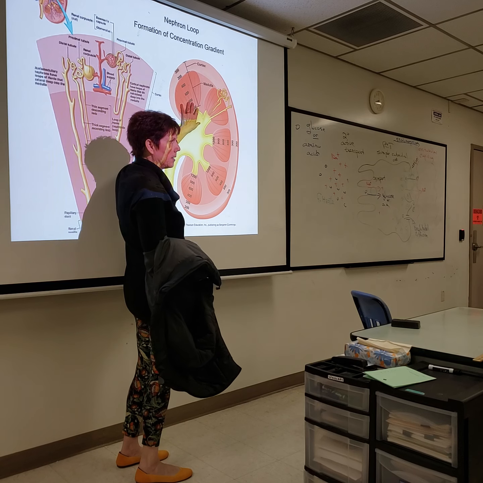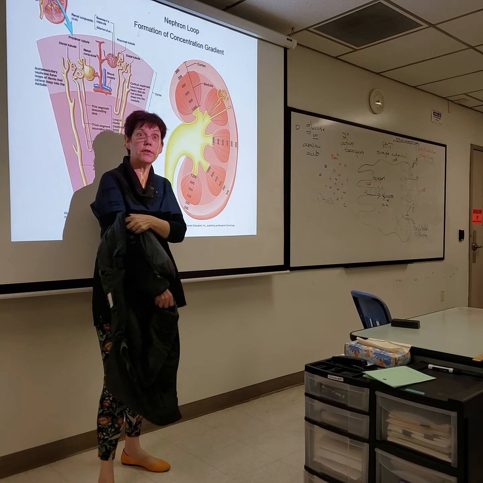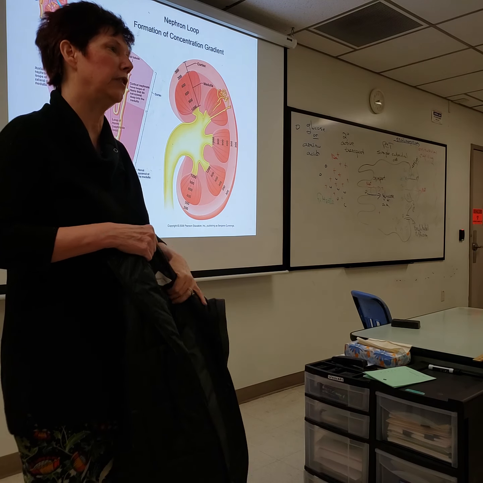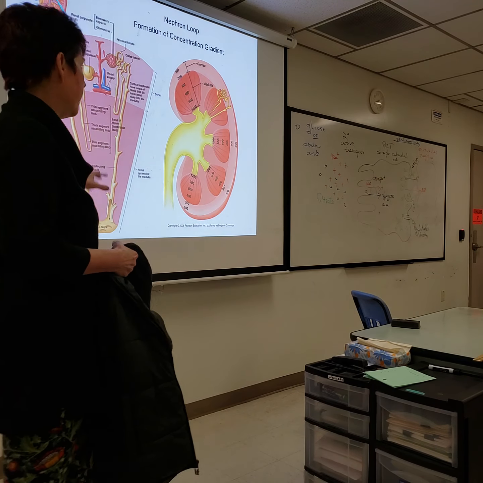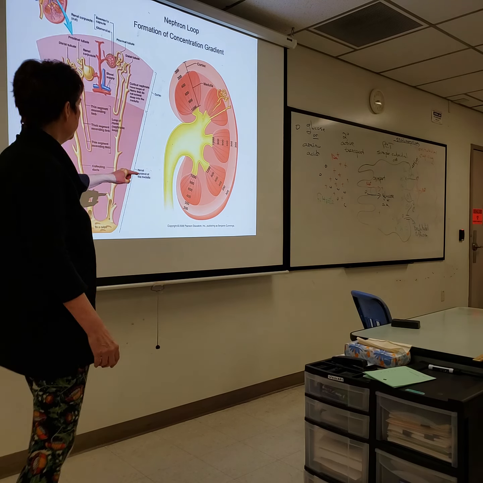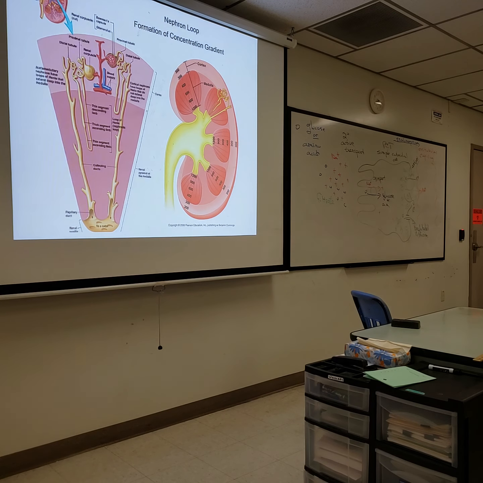This refers to osmolality. This is the number of particles in the extracellular fluid around the proximal convoluted tubules and around the nephron loops. Notice how it's getting more and more concentrated as we move into the papillary area of the pyramid.